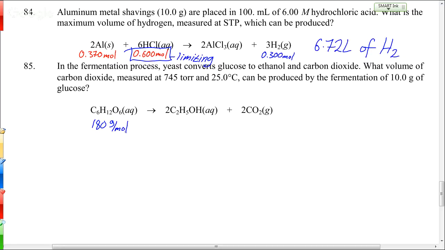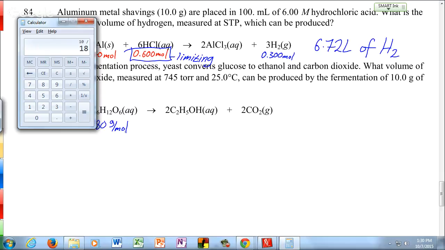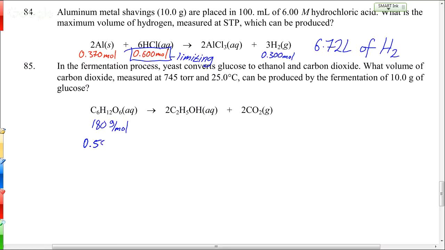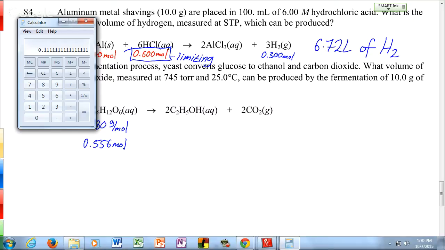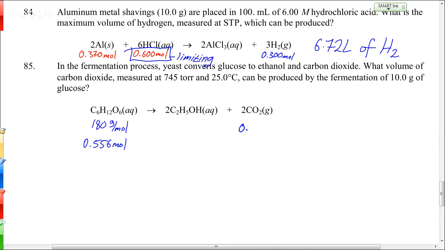So we've got 10 grams. 10 divided by 180 is 0.0555. It's 1 to 2 with carbon dioxide with moles, so we have to double that to get the moles of carbon dioxide. So that's 0.111 moles of carbon dioxide. Or really, no, 0.0556. I was going to say that doesn't make sense. Okay. So 0.111 moles.